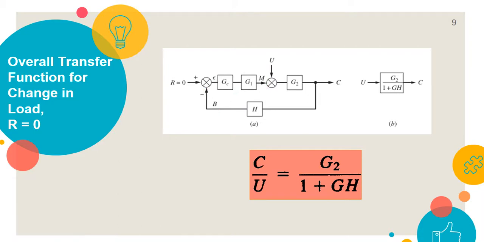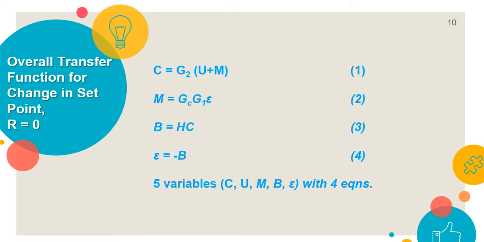Now, you could see that your C here, I'm going to cut through here. Your C is your output. Your input comprises of the sum of the U and the M because the sum of these two is the one that is being inputted or introduced to the G sub 2. That's the reason why you have this transfer function. So C over U plus M is equal to G sub 2.